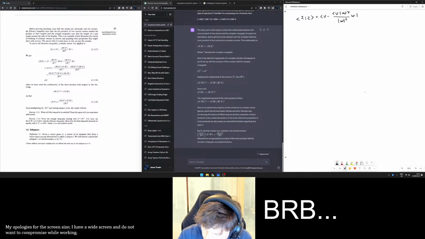And then that's all multiplied by v minus vw over w squared w like that. And so you end up with the multiplication of v times v, like so, which equals the inner product of v.